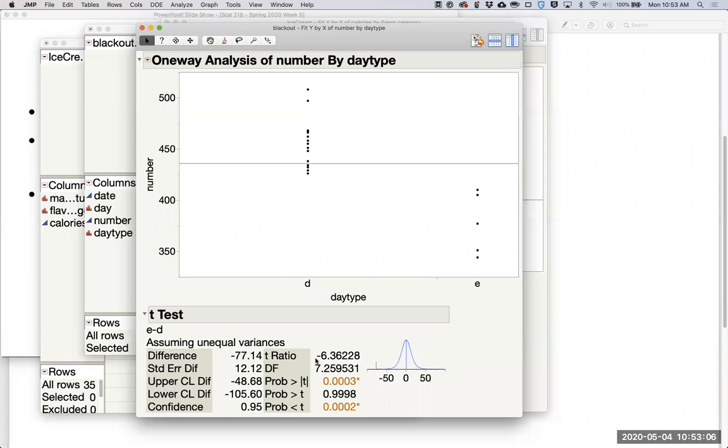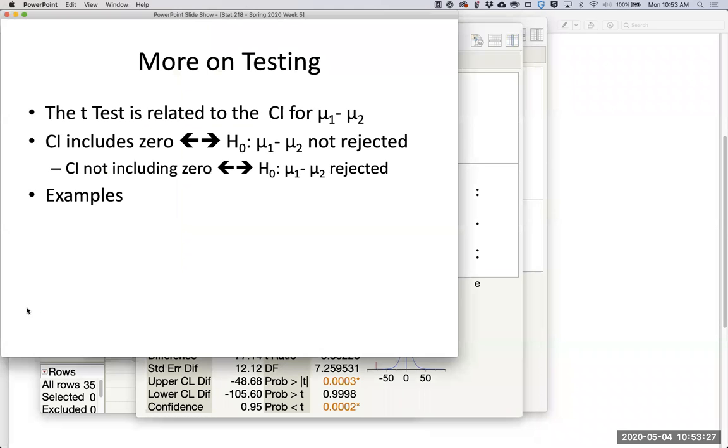The t ratio, the t value, is 6. The p-value is about 0.0003, 3 in 10,000. We reject the null hypothesis of equality. 0 is not in that confidence interval. Equality would be rejected in this null hypothesis.